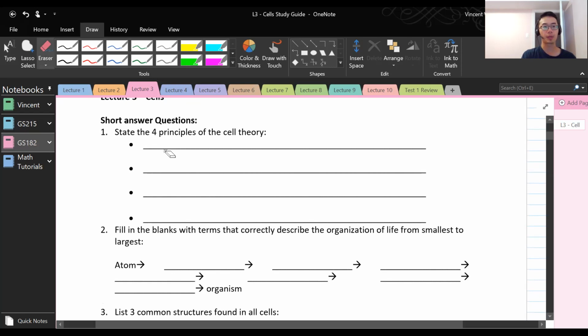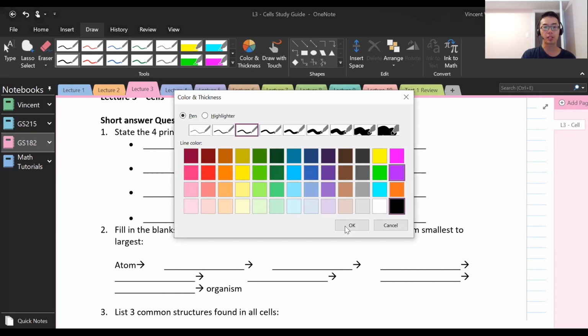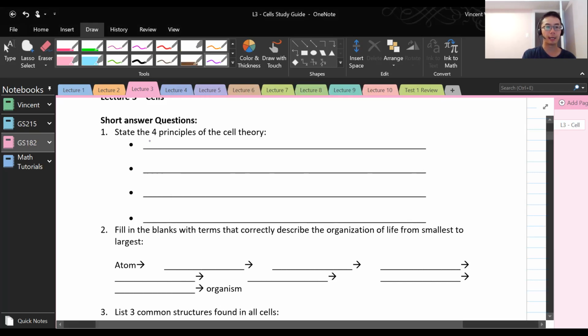Well, it's not really in any particular order, but one of the 4 parts of the cell theory is that every organism consists of one or more cells.